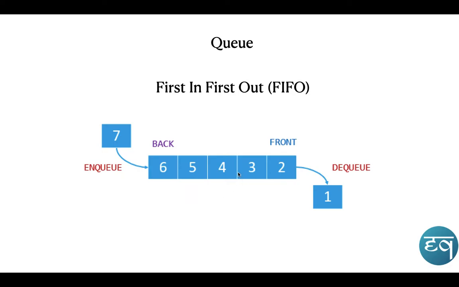So our first node will be the front node, then this will store the next of the second node. Similarly third, fourth, fifth, sixth and seventh. Also our queue will have two values, back and front, and then two functions, enqueue and dequeue.